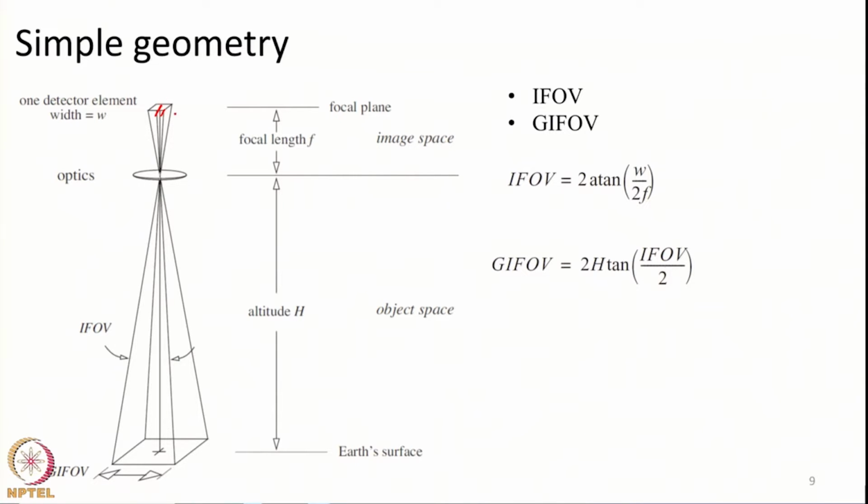The width of the detector is W. Let us assume it is a square with width W on both sides. This will be the optics element, and the distance from the focal plane where the detector is located to the optics, the first point where the light from Earth enters, is the focal length. So, F is the focal length.